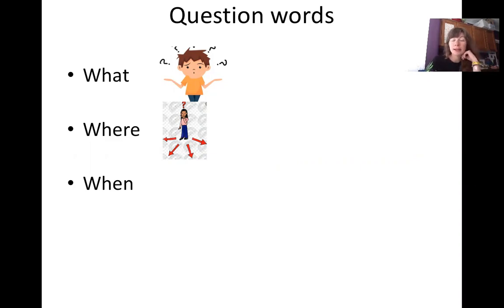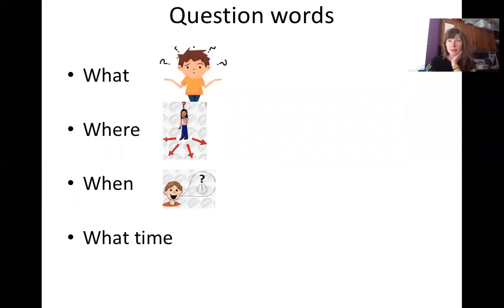Next one is what time. What time is more specific than when. What time is really asking about what time of the day: 1 o'clock, 3 o'clock, 10 o'clock, etc.